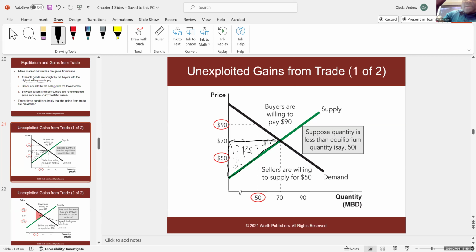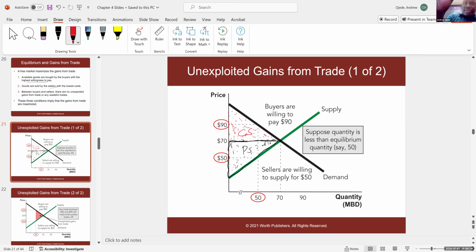And then let me change the color a little bit. Then this one marked with red, this dotted red area of this triangle up here, that represents your what? Your consumer surplus. Because the consumer surplus is the area of the triangle below the demand curve but above the market price.